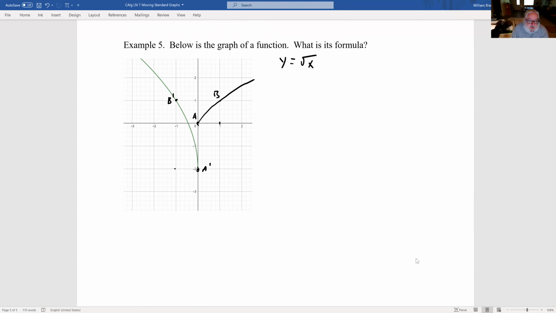So what happened here? Well, we went down 2, right? A to A prime is down 2. Flipped over the y-axis, right?